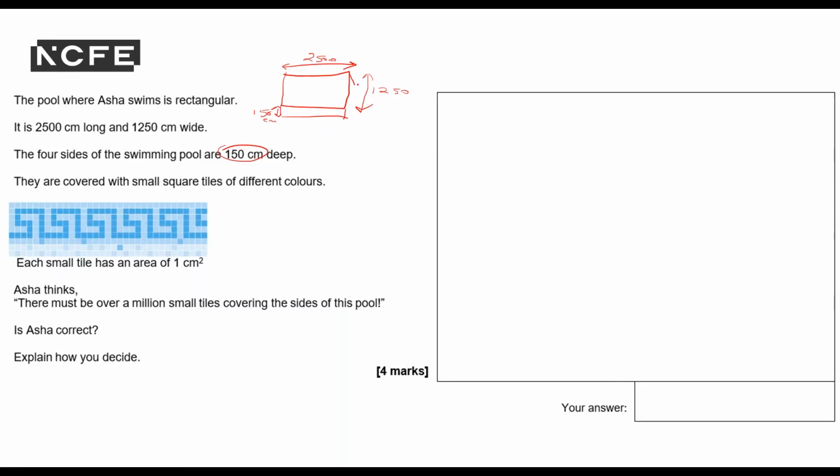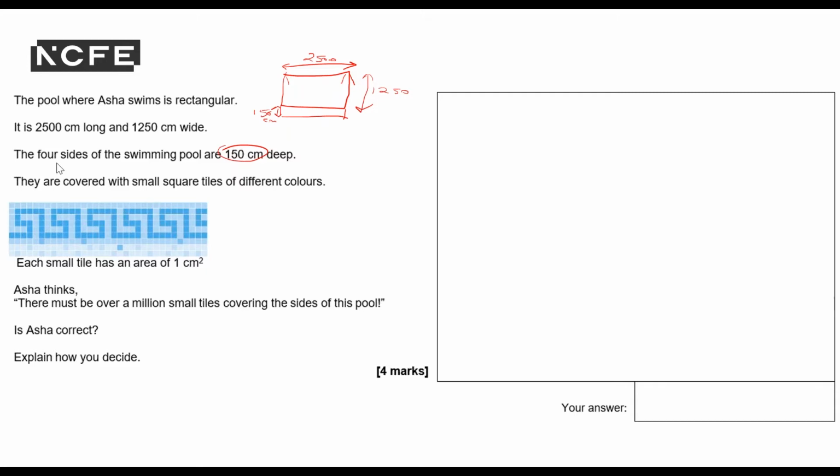So basically I'm going to have a rectangle there. I'm going to have two of those rectangles that are 1,250 by 150, and two rectangles, I draw the inside of it here, that are going to be 2,500 times 150. Okay, so now I can see what I need to do.